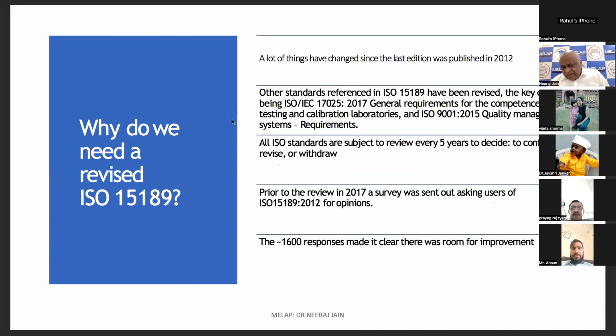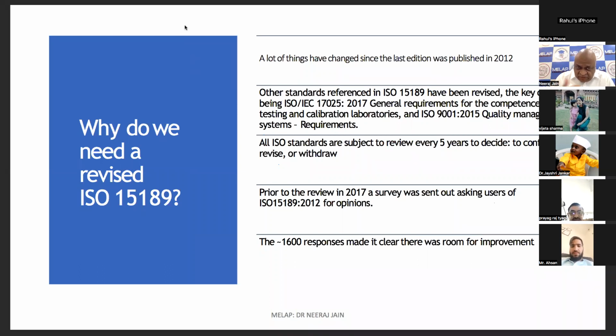And it is a custom that whenever a new ISO standard is released, they review it after 5 years to decide whether some changes are required or not. The meeting on this 2012 edition was held in 2017. A survey was conducted, they asked for opinions, and they received around 1600 different responses.